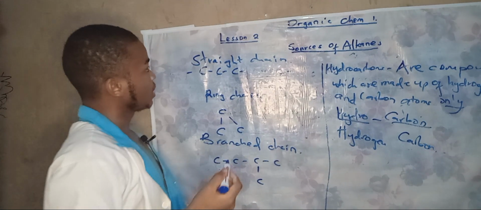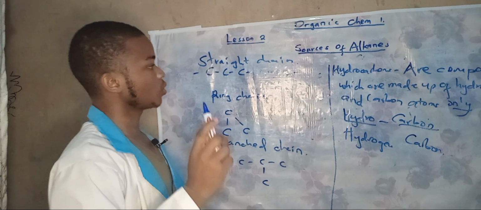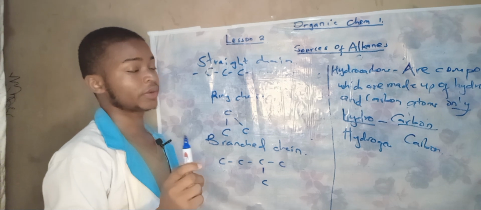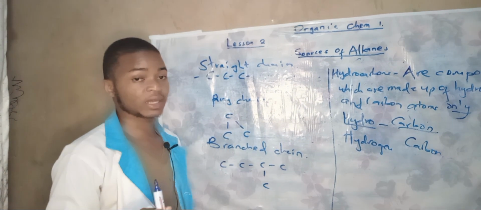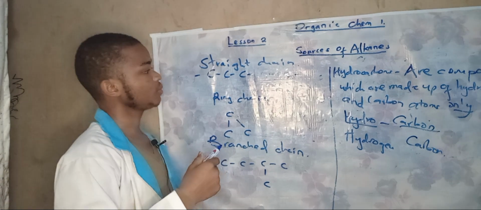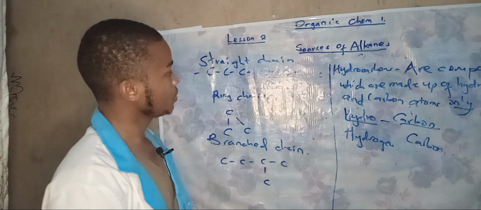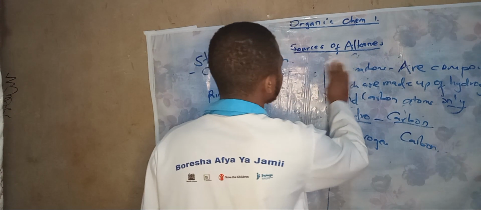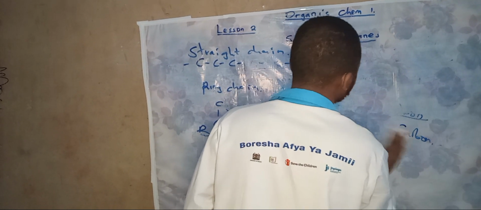And our topic, which is organic chemistry 1, deals with only hydrocarbons, right? So that was an introduction of previous classes that we tackled yesterday. Now, today we were to start with the sources of alkanes and move ahead to the rest of the subtopics.